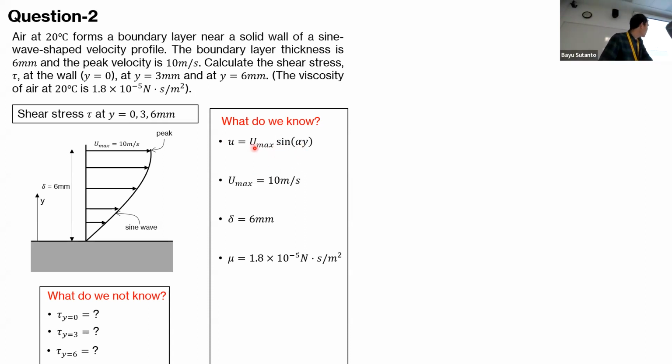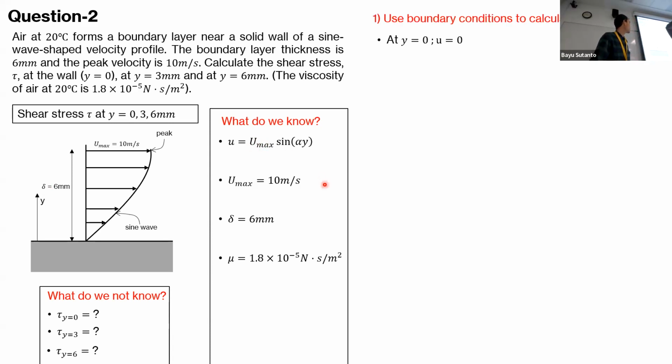If we input y equal to 0, we have velocity 0. And when y equal to delta, 6 millimeter, it's going to be u maximum, because alpha is pi per 2 delta.